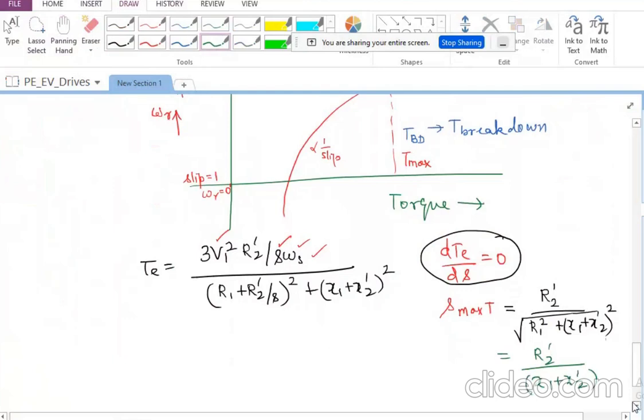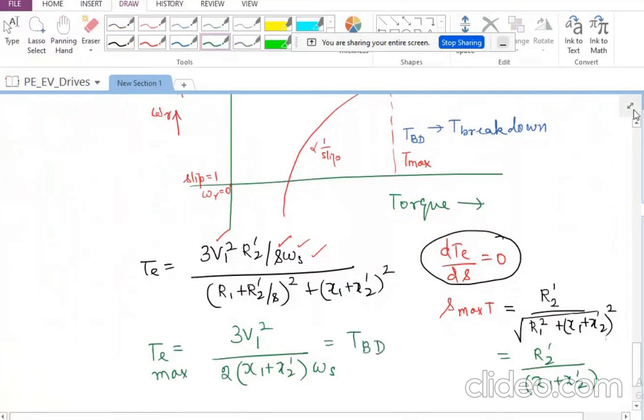This is S max T. And if I substitute this value here, this will come out to be 3 V1 square divided by X1 plus X2 dash multiplied by 2 omega s. Approximately this will be Te max, or this is the breakdown torque.